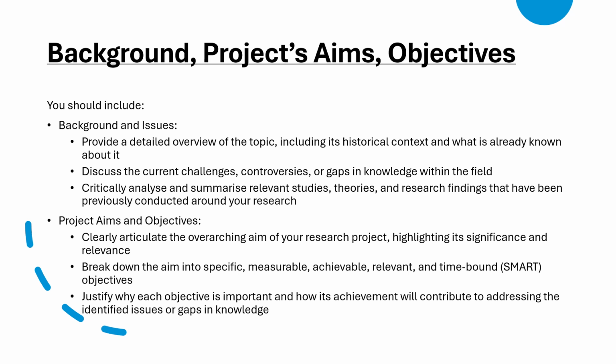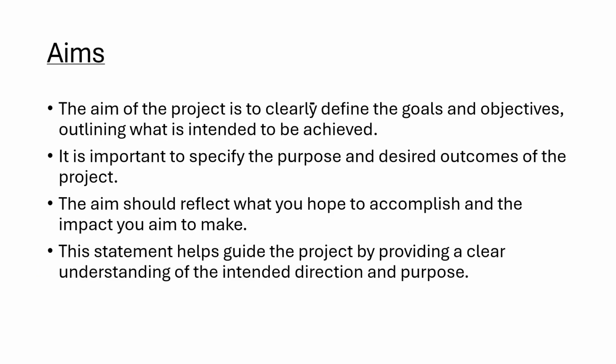Break the aim down into objectives that are specific, measurable, achievable, relevant, and time-bound, which stands for SMART objectives, and also justify why each objective is important. So what is an objective? Objectives are the steps that you follow to achieve your research aim. Objectives can be the methods and techniques that you use to collect the data.